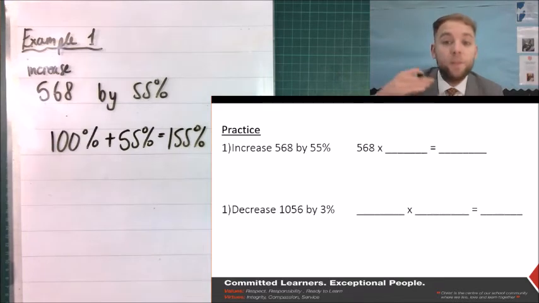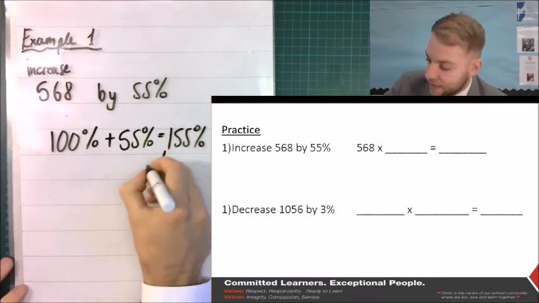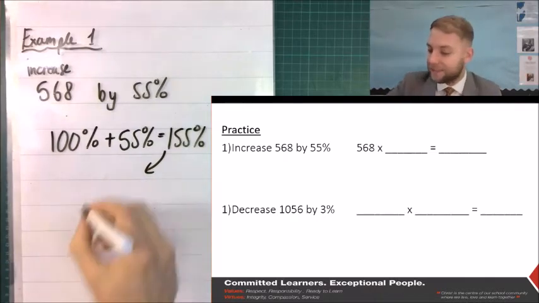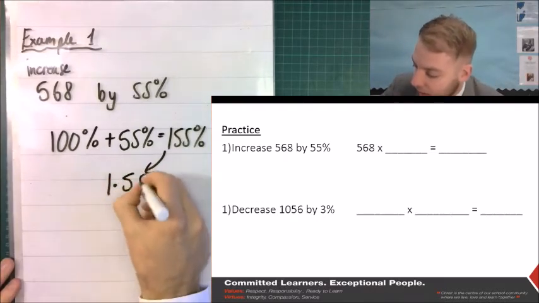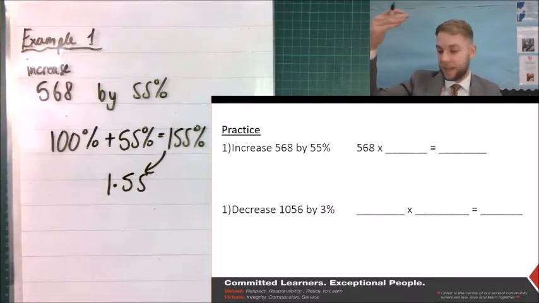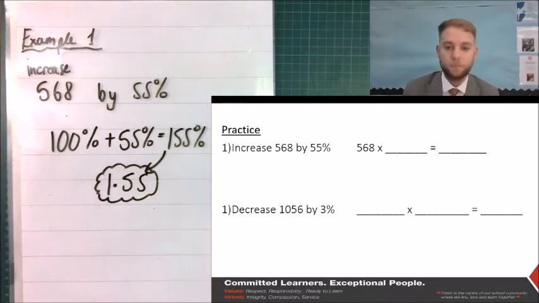Now remember, we're going to be using the multiplier method here. The multiplier method says I'm going to change this to a decimal, and 155% as a decimal is 1.55. So if I wanted to increase by 55%, this is what I'd multiply by, 1.55.